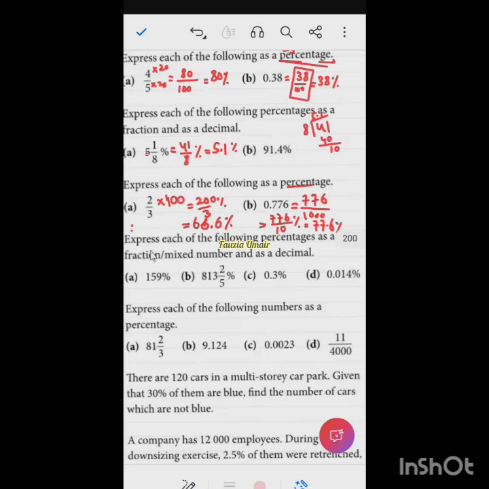अच्छा, now let's look at this question number 5. Question number 5 is express percentage as a fraction or a mixed number and as a decimal as well. 159%. So what will be the fraction form? 159%.